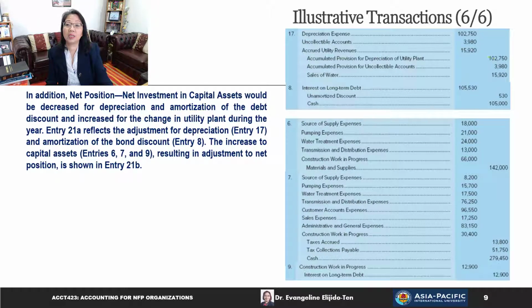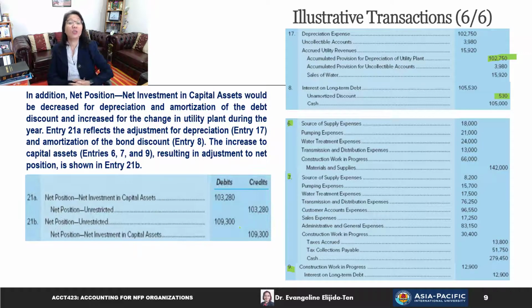So we've got this depreciation and we've got this 530 there. And the increase to capital assets as shown in entries 6, 7, and 9, resulting in the adjustment to net position, is shown in entry 21B.